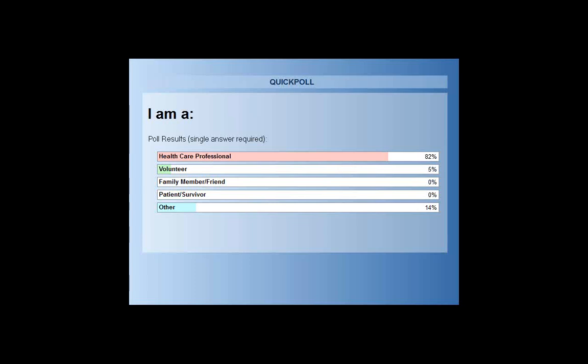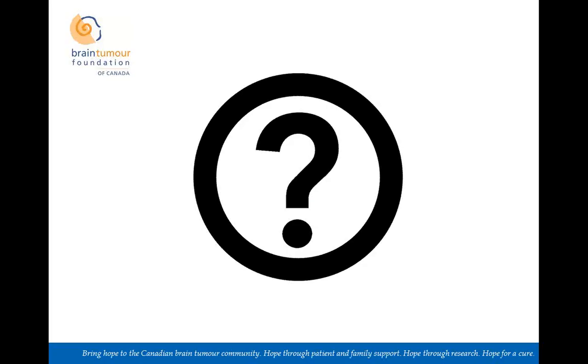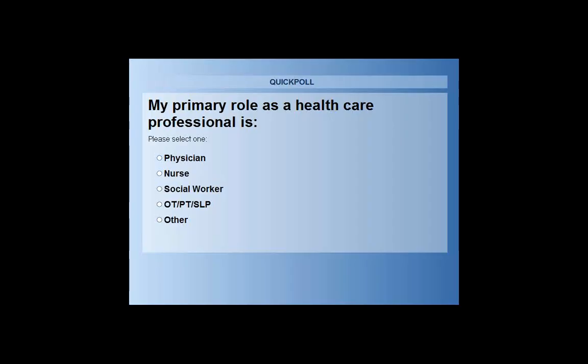Just a follow-up question regarding your primary role as a healthcare professional. Are you a physician, a nurse, a social worker, an occupational therapist, physiotherapist, or speech-language pathologist, or other? Our apologies, we only had five options for answers there. We'll give everybody a moment to answer, to give us an idea as to who's online here today.